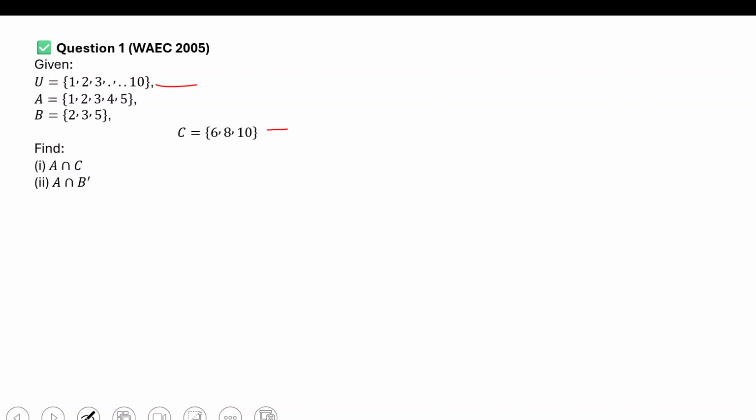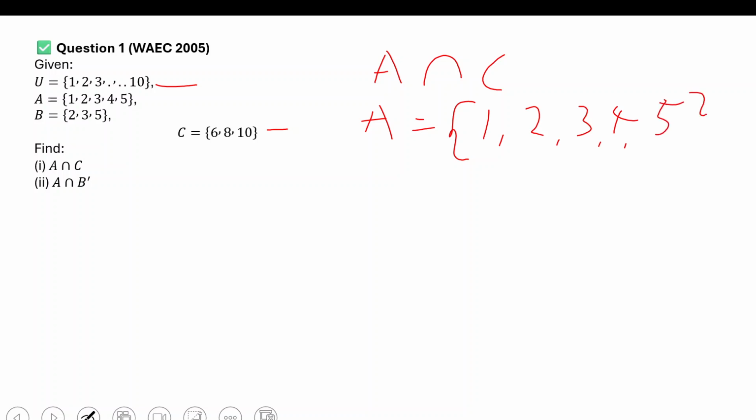Find A intersect C. First of all, you have A already given as elements 1, 2, 3, 4, and 5, and set C is given as elements 6, 8, and 10.